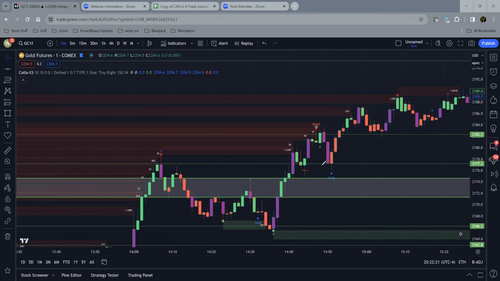Trader number three decided to get in after the retest, after the retest of manipulation. The market retested manipulation and closed at say 21.79. They entered at 21.79. Where is the true stop loss for trader number three?